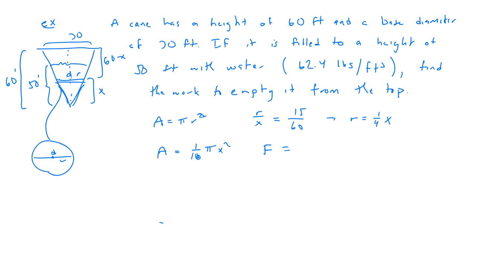And again, for the force, we multiply the volume or area times 62.4, the density. In this case, because it's in pounds, which is already a weight or a force, we don't have to multiply by gravity.